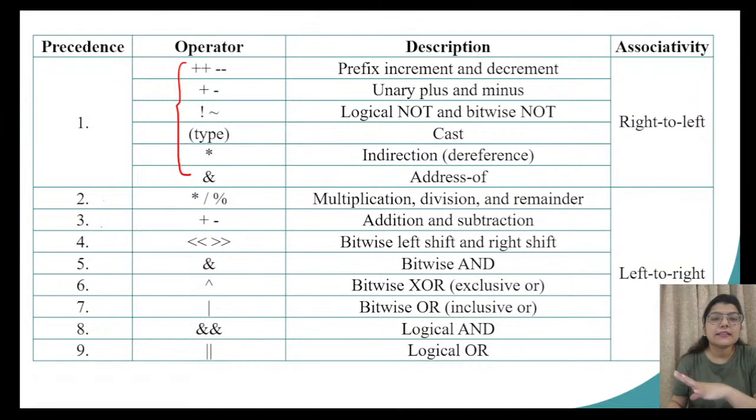Now, why I have mentioned this table is because many questions don't give us the precedence. They expect that we already know this precedence beforehand. In many questions they will give you the entire information, and you have to work according to the question.